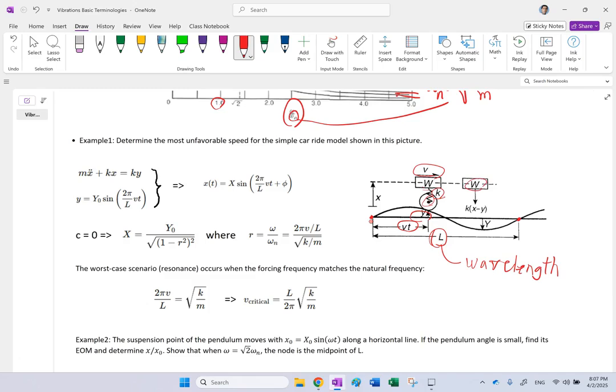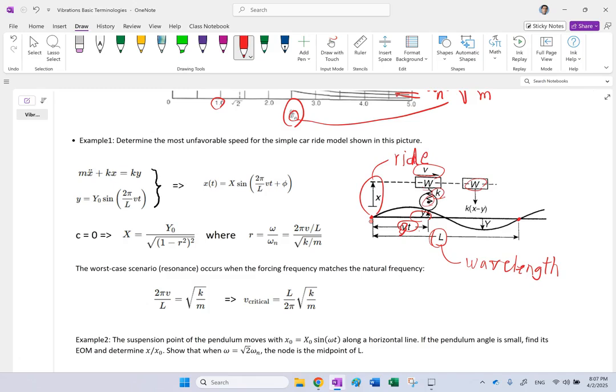What is it that you need to find? You want to find what is the most unfavorable speed. You probably all experience that when you go on a road that has bumps, depending on how fast you pass the bumps, you're going to get different amounts of up and down vibrations. This up and down vibration in a car is called ride.